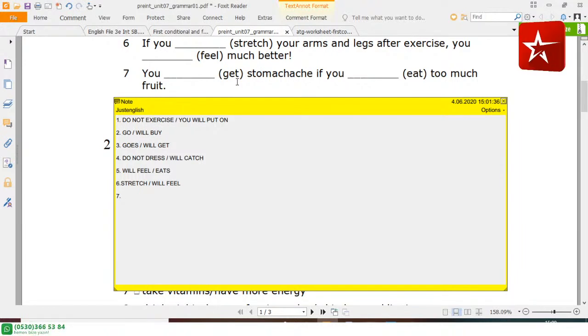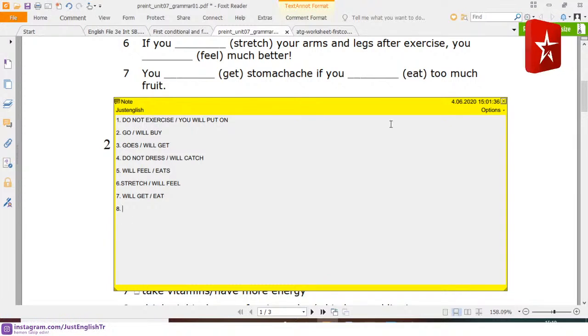Yes, guys, let's continue with number 7. You will get stomachache if you eat too much fruit. Yes, if you eat too much fruit, you will get stomachache most probably. Don't eat too much fruit.